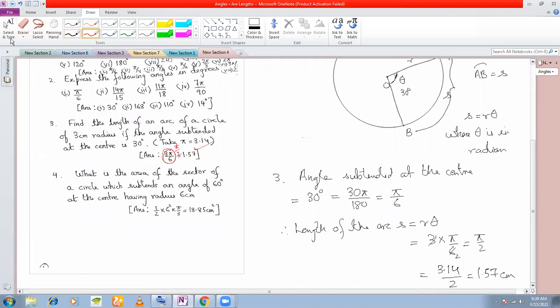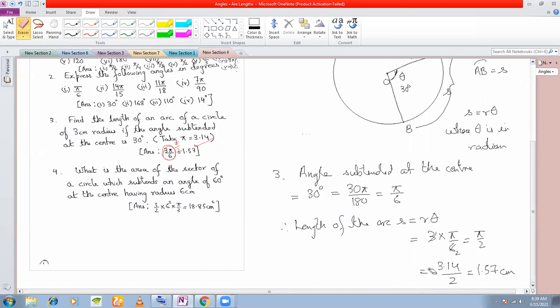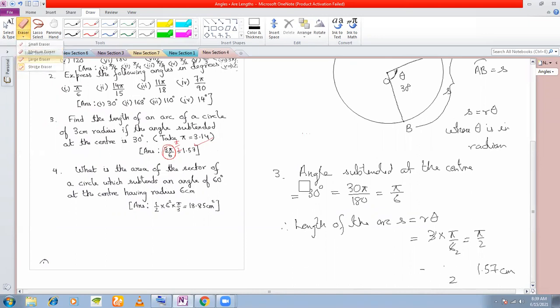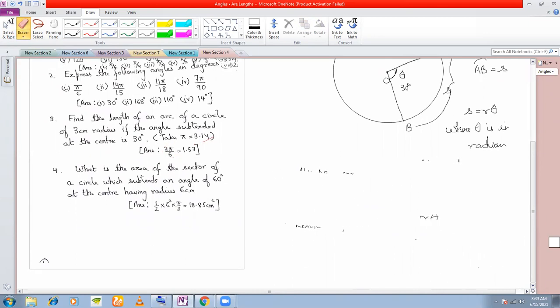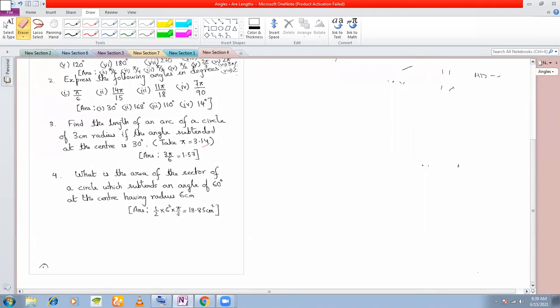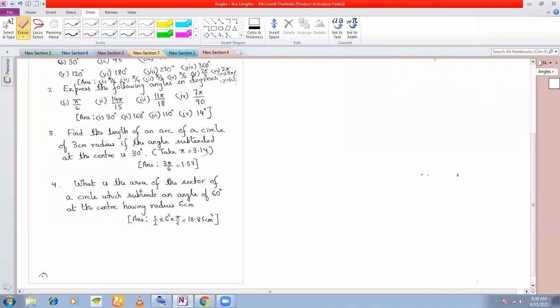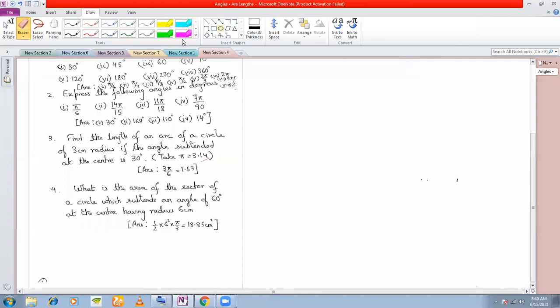Let us move on to the next one. Another application of radian is how to measure the area of the sector of a circle. Suppose you have a circle with center O, radius r, and the angle subtended at the center is theta.